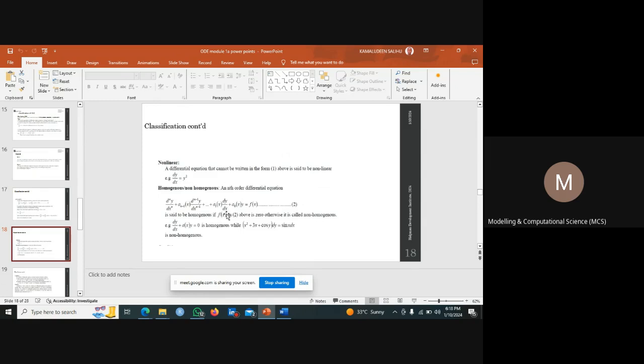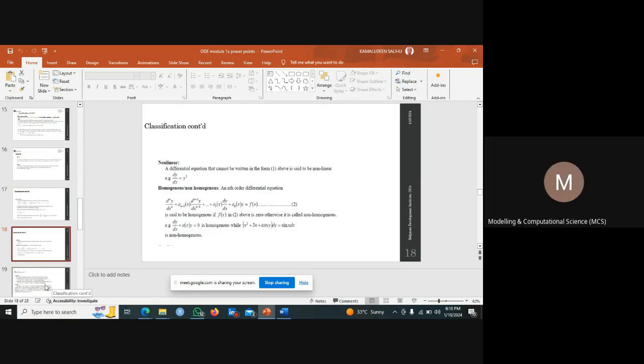So look at the second example here: dy/dx plus a of x times y equals 0 is homogeneous, while the second one, which equals sine x, is non-homogeneous, because this sine x is not equal to 0.